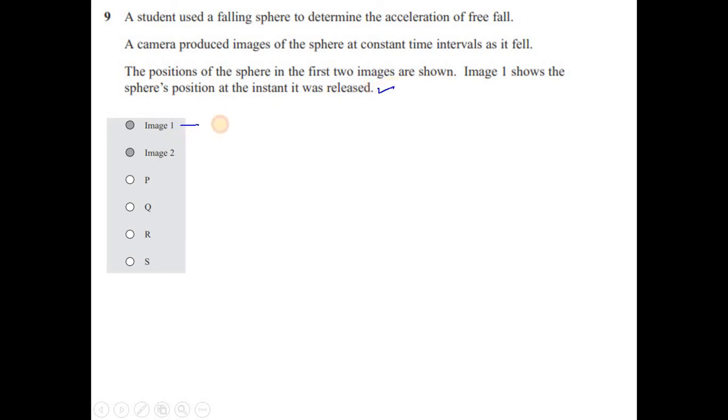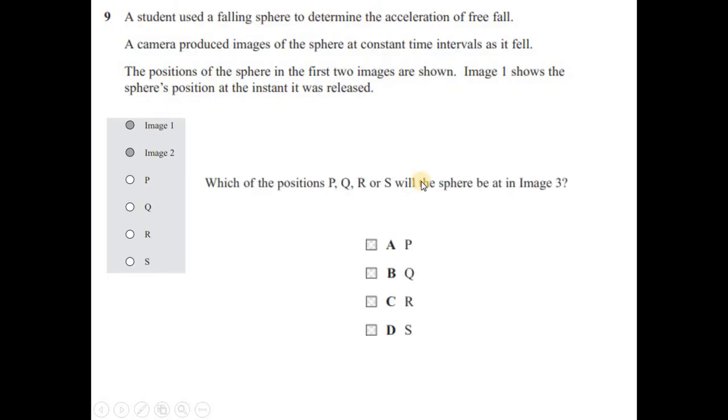That means at that moment the initial velocity u was 0, and all the images will be taken at constant time intervals. Question is, which of the positions P, Q, R, S will the sphere be at in image 3?